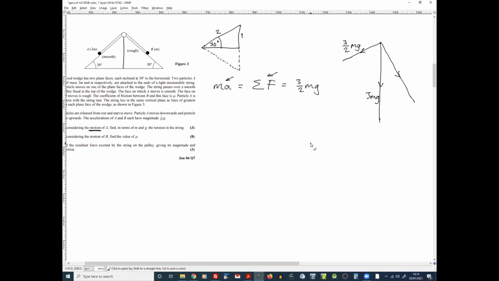What about friction for particle A? How much friction is there for particle A? None. Good. So we forget friction for part A. That would be why it's only 3 marks. But we do have to do this equation of motion where MA, which we could be more specific about actually, couldn't we? We'll call it force.